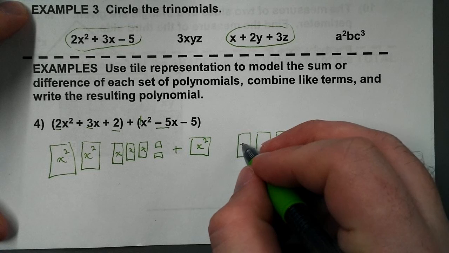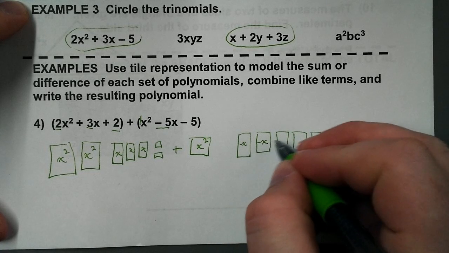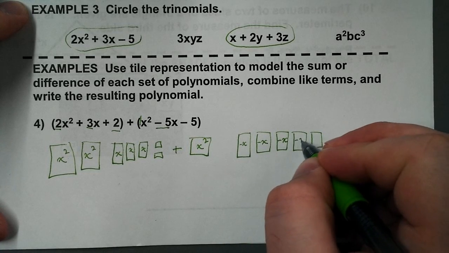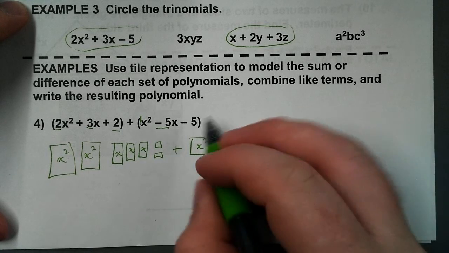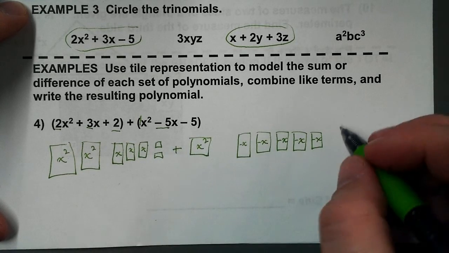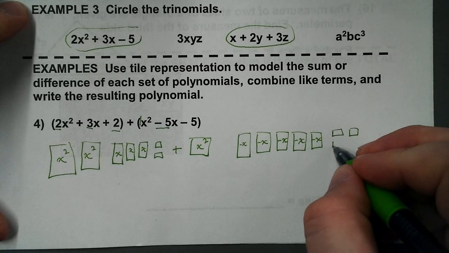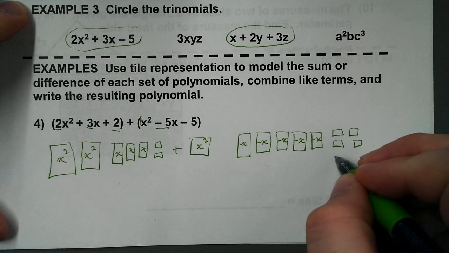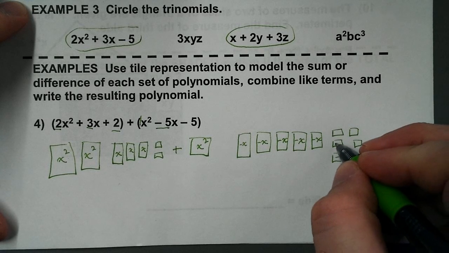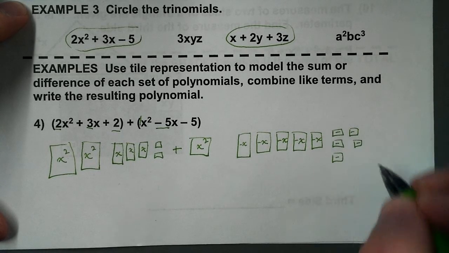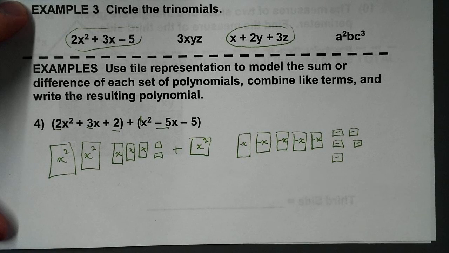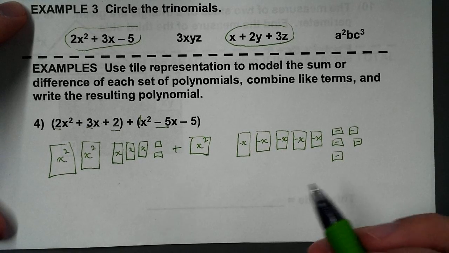And these are all negative x. Then we have -5 of regular numbers. So 1, 2, 3, 4, 5. So let's put in minus signs. Now we're going to combine them and see what the difference is.